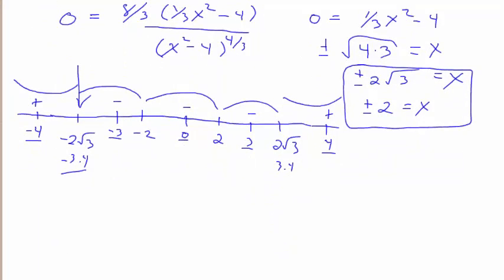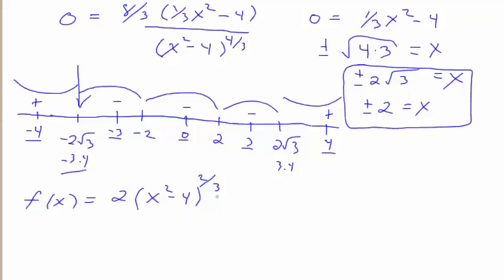So what you'll do now is take the original function, which, I'm trying to remember, was f of x equal to 2 times x squared minus 4, written in exponential form, to the 2/3. I believe that was the original function. You'll take negative 2 times the square root of 3 and just plug it in.